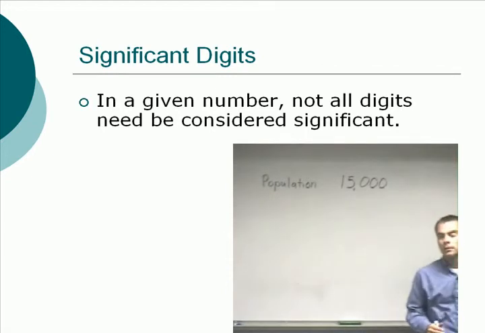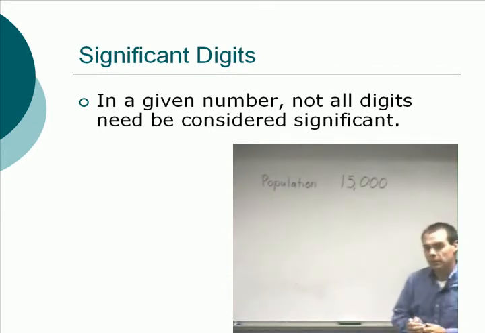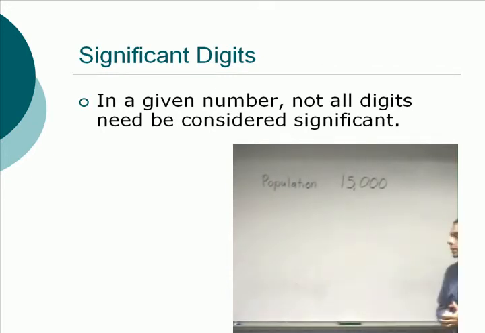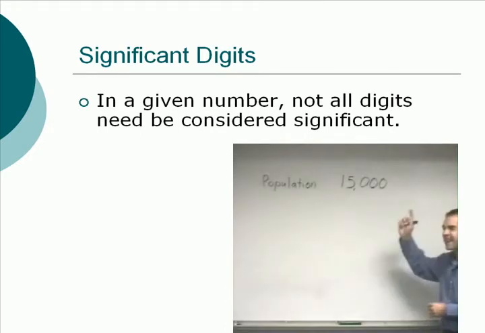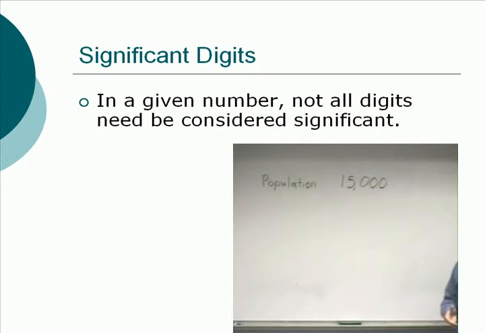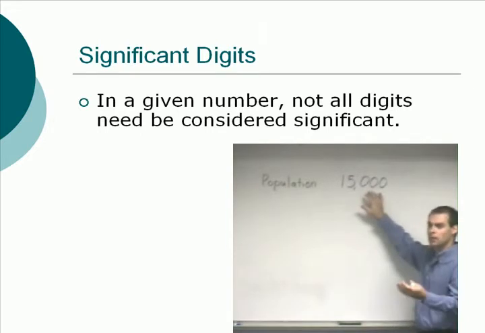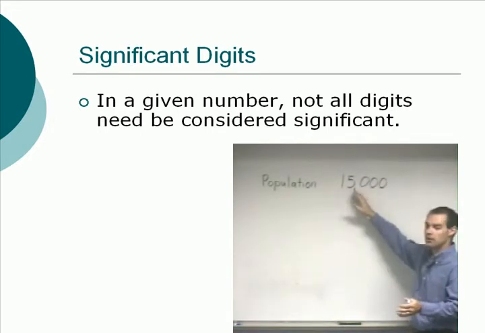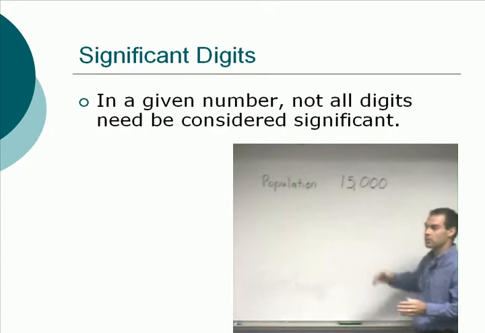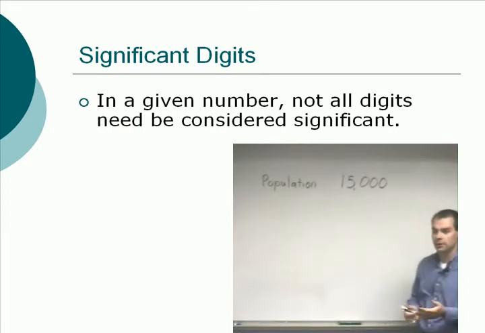Now, if I were to tell you that there was a certain town with 15,000 people in it, would you assume that there was really exactly 15,000, or would you assume that I had rounded that off and that the population was near 15,000, probably not exact? You would probably assume that that 15,000 was an approximation. But still, you'd assume it might be 14,000 or a little bit over 15,000 as opposed to, say, 60,000.